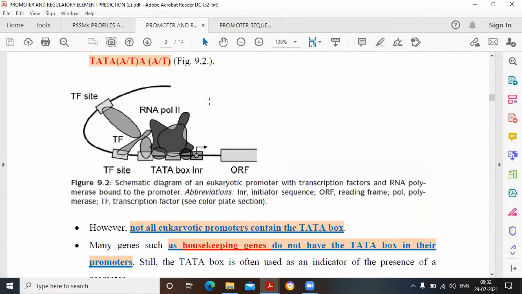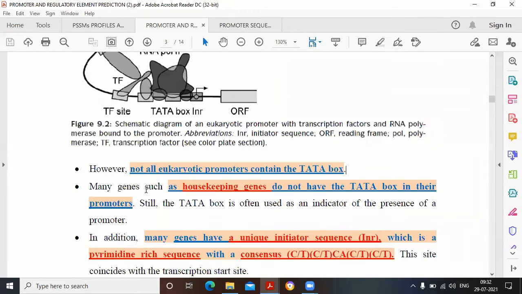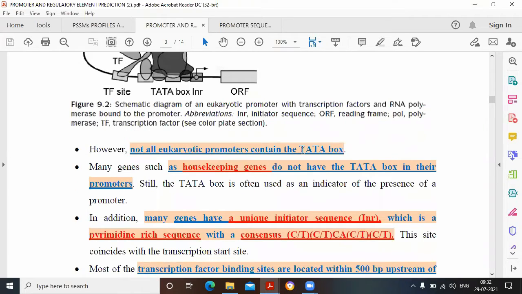If we analyze all the genes found in the eukaryotic system, not all of them have this kind of TATA box sequence.